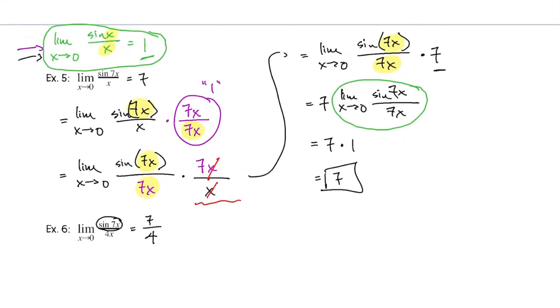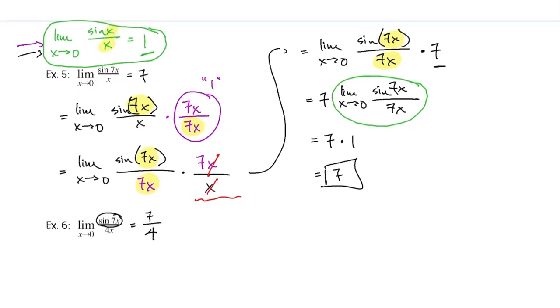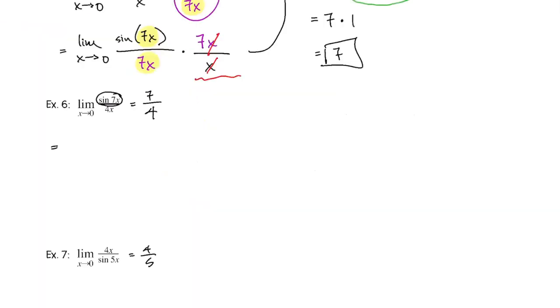So what I need to do in number 6 is similar to what I did in 5, where I need to find a denominator that is 7x, the denominator that matches the thing that I'm taking the sine of. So we're going to have the limit as x approaches 0. Let's write out our initial problem. We have this part here.